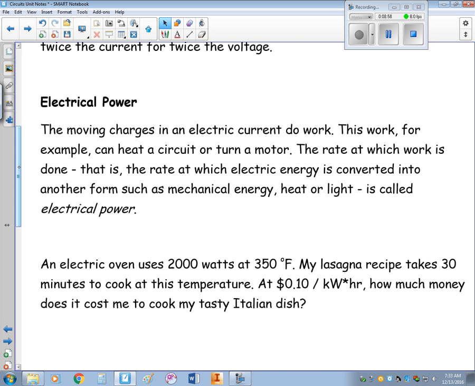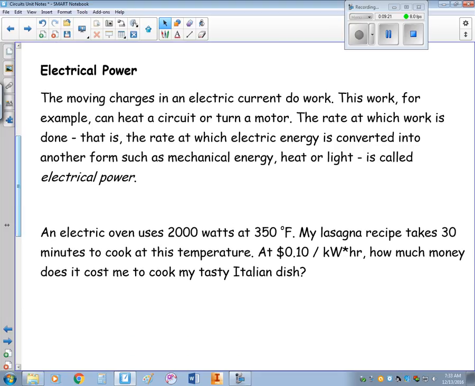Electrical power. The moving charges in a circuit, or electrical current, do work. This work, for example, can heat a circuit or turn a motor. The rate at which work is done, that is the rate at which the electrical energy is converted into another form, maybe mechanical or light or heat, is called electrical power.